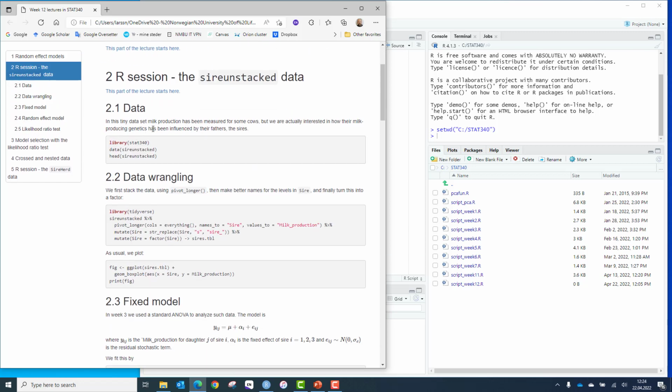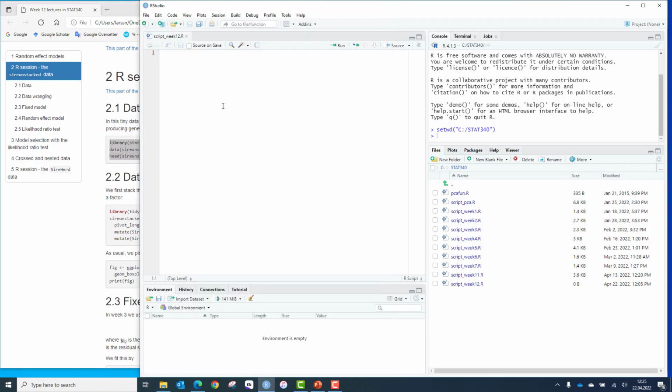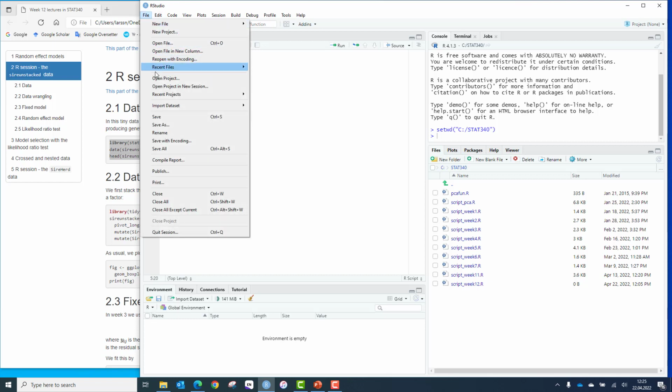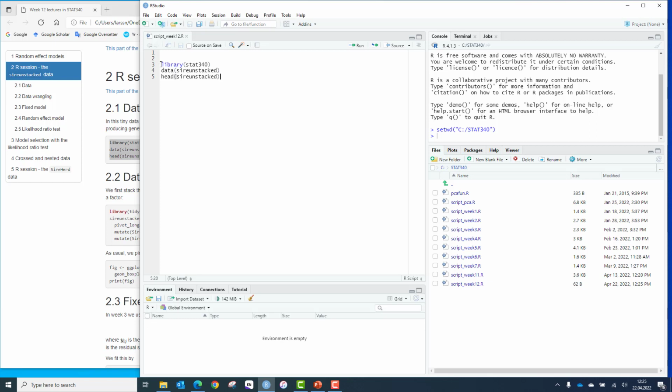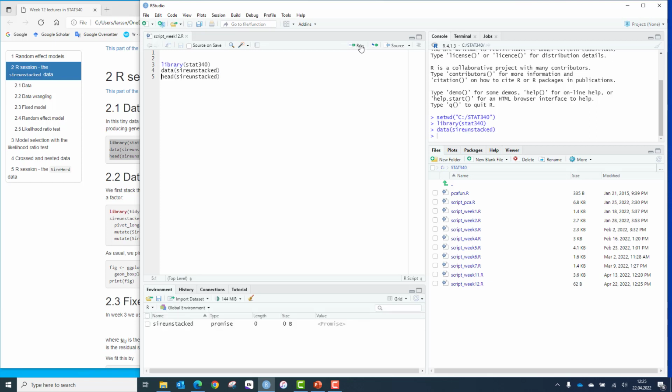This is a tiny data set to illustrate random effects models. Let's copy this code in order to load the data set, paste it in here, and run it. Sire unstacked.